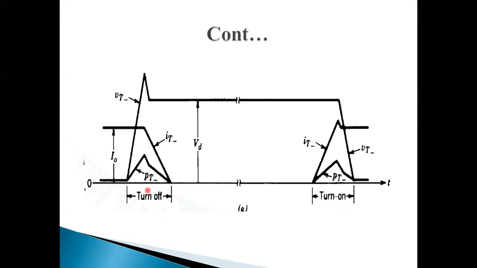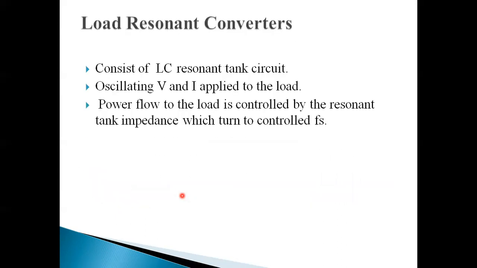Whenever you turn off your switch, you get some power losses because of this current and this voltage. So you should reduce this power loss by some technique. That's why we are using zero current switching and zero voltage switching configurations, and we have to study them in this chapter.